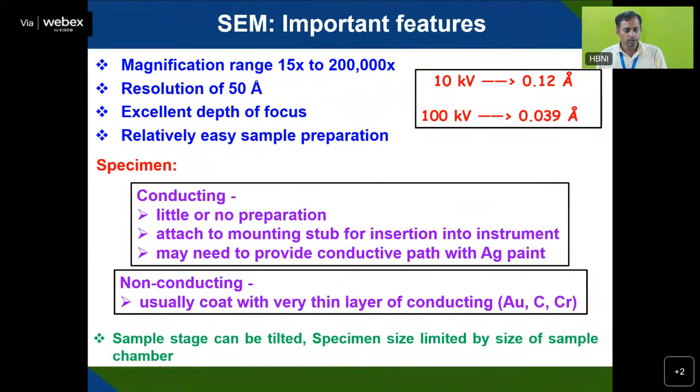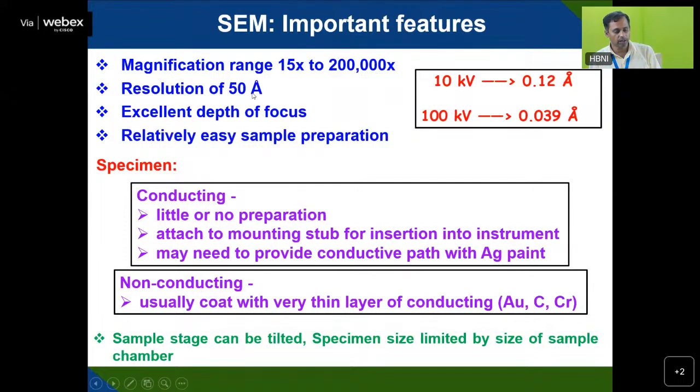Broadly, the important feature in SEM is that the magnification is quite high, from 15x to 200,000x, up to 2 lakhs magnification. The resolution is also quite high, about 50 angstrom.